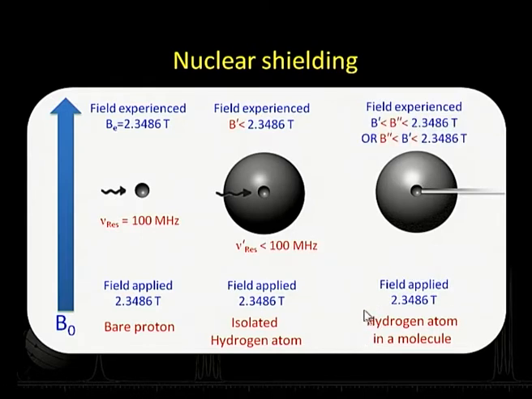Then the field experienced by the nucleus will depend on the nature of the atom I am talking about. Suppose I have an atom which is electronegative, it will pull out the electrons. So, the electron density will decrease, and the field generated by this will be lesser. As a consequence, the experienced field, B double prime, indicated here, will be more than B prime, but less than the applied field.